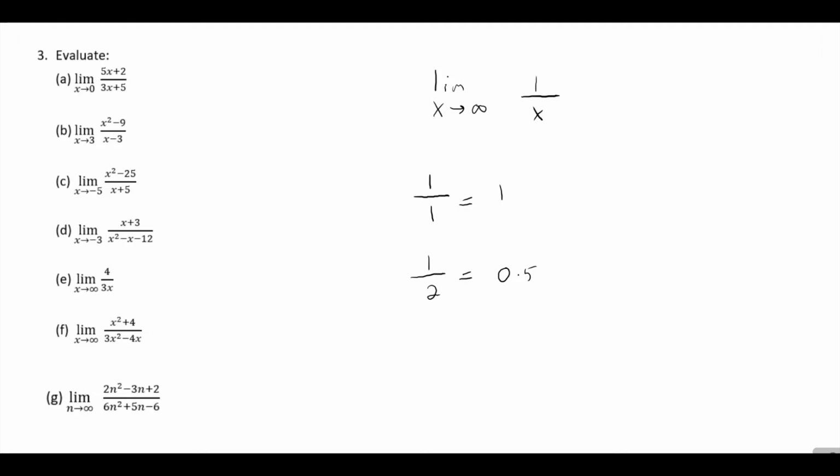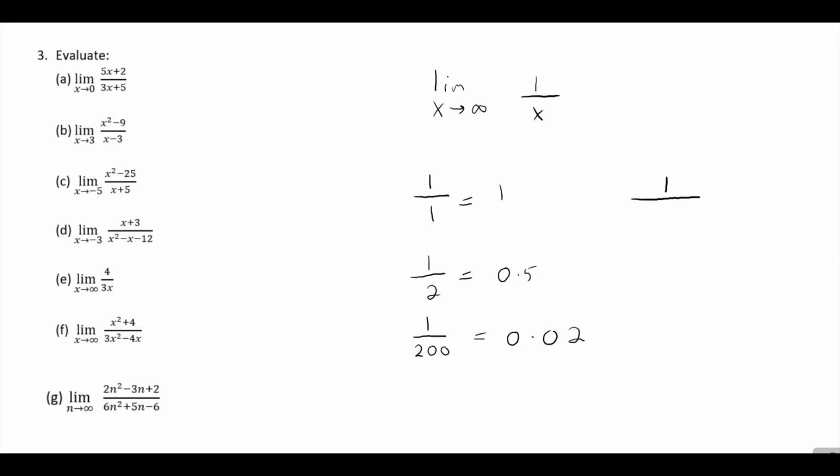Let's keep going and increase it to something really high, 1 over 200. You're going to get 0.02. So you can see this number is getting smaller and smaller and smaller. Let's make it even bigger.